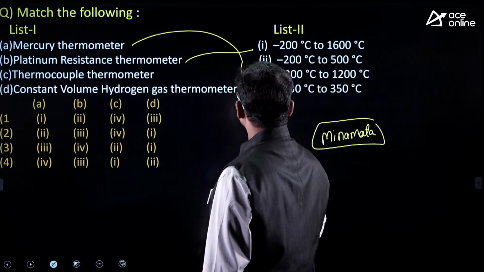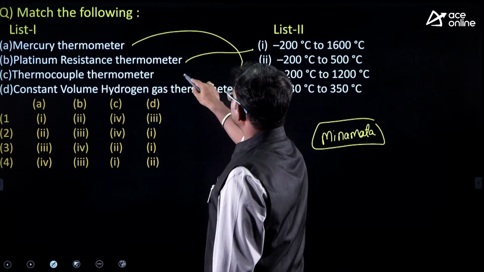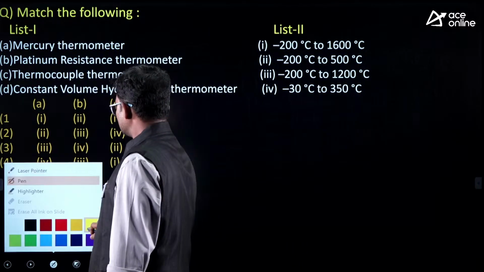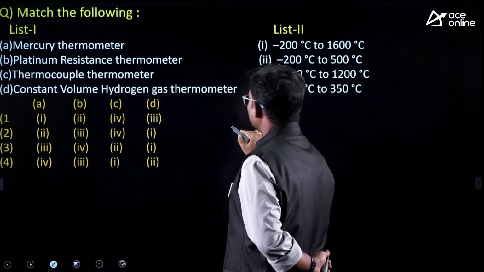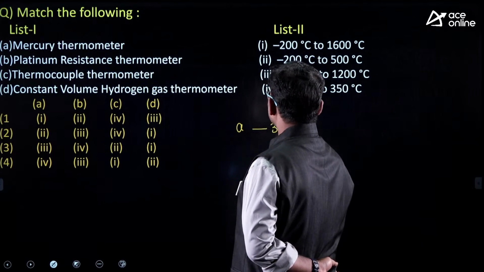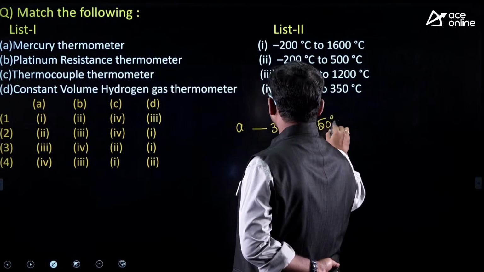Next, thermocouple thermometer. So option A, mercury thermometer, its range is minus 30 degrees centigrade to 350 degrees centigrade.